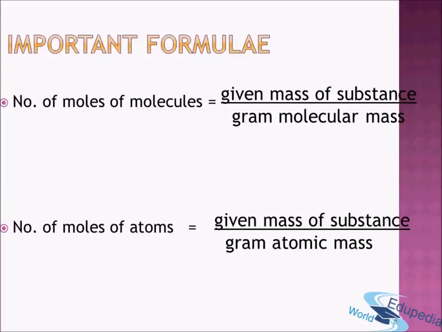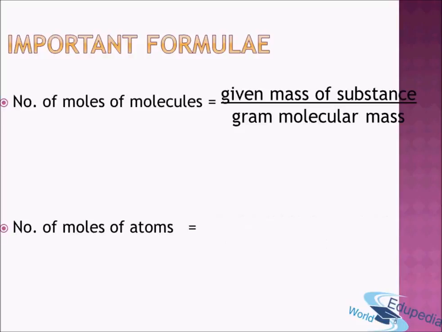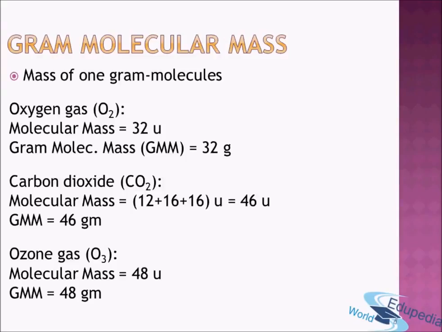Another aspect is that in a lot of textbooks and in a lot of places you will find that the unit of gram molecular mass and gram atomic mass is not gram, it is actually gram per mole. Here, if you look at our slides, you will find that we have written all the masses for gram molecular mass or gram atomic mass in the form of gram, because I have inherently told you that gram molecular mass always refers to 1 mole of entities.